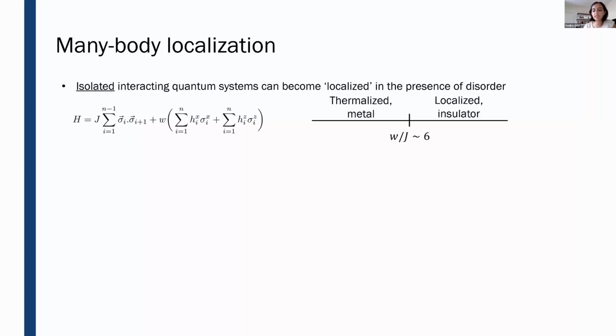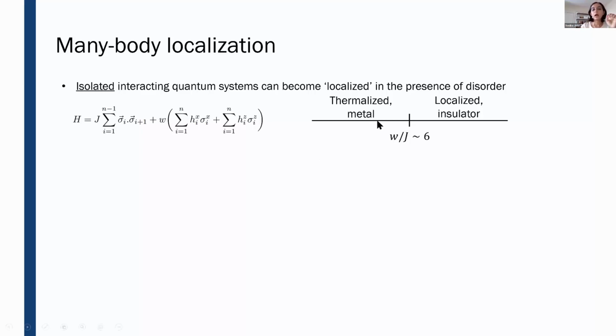In this nice clean system, if you store information in one part of the system and wait long enough, that information will just dissipate into the rest of the system. That's what it means to be thermalized, or to be like a metal. For instance, in a metal, if you store a charge at one end, after some time, almost immediately the charge will dissipate.